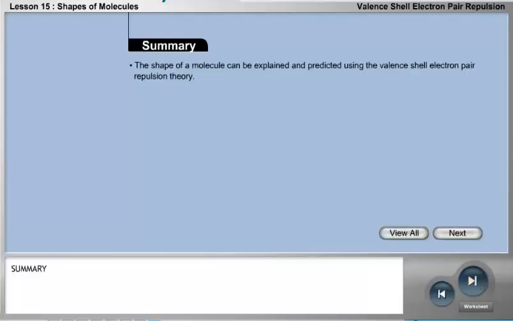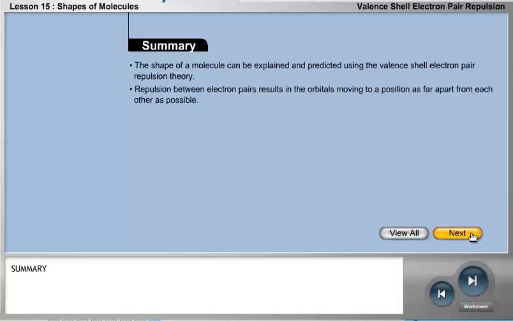Summary: the shape of a molecule can be explained and predicted using the valence shell electron pair repulsion theory. Repulsion between electron pairs results in the orbitals moving to a position as far apart from each other as possible.